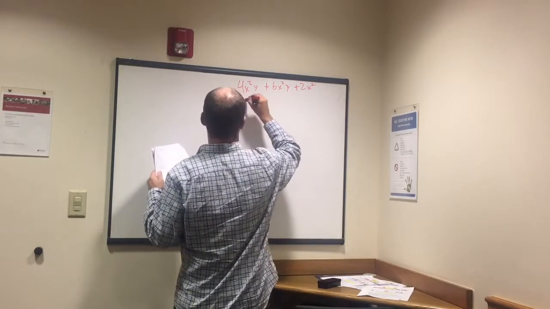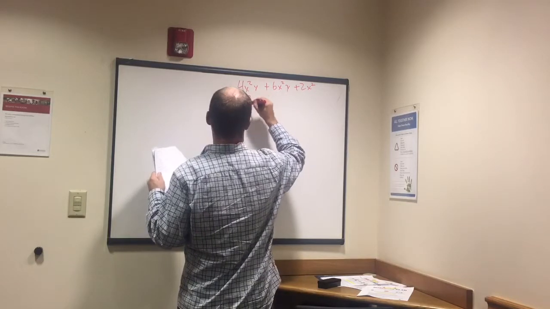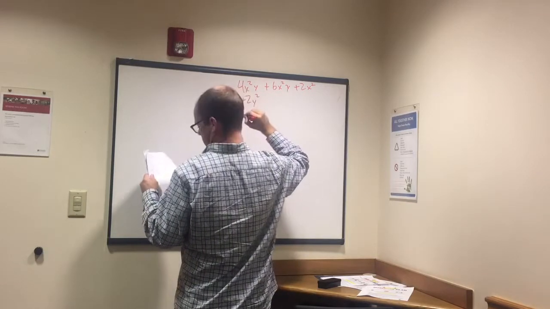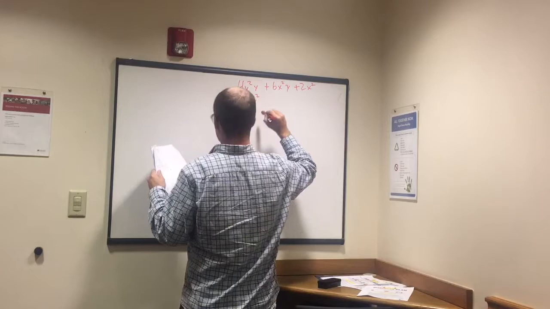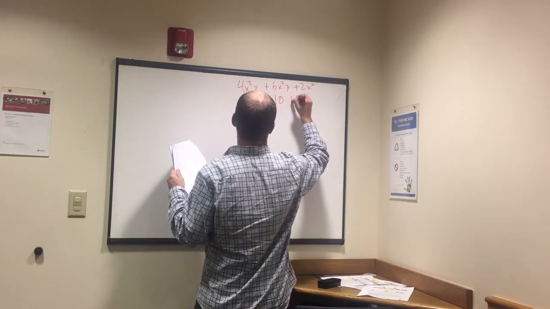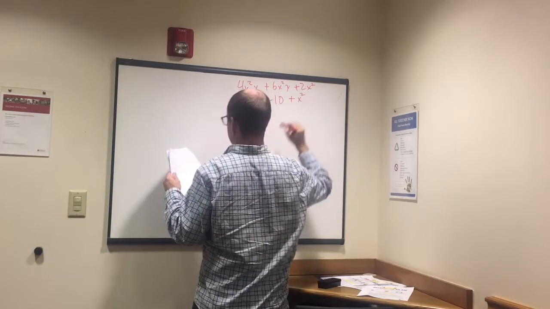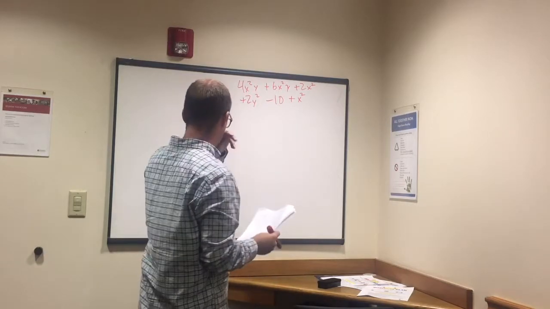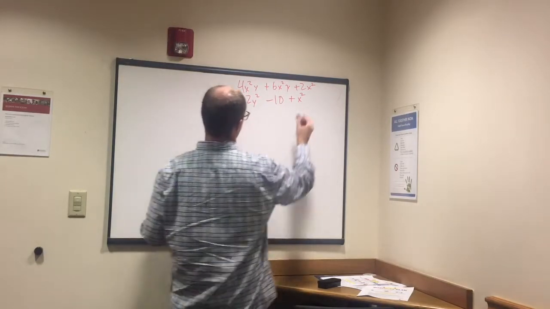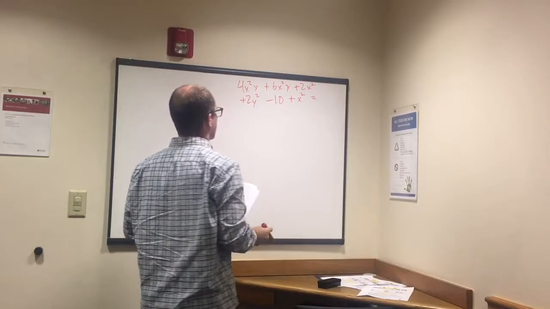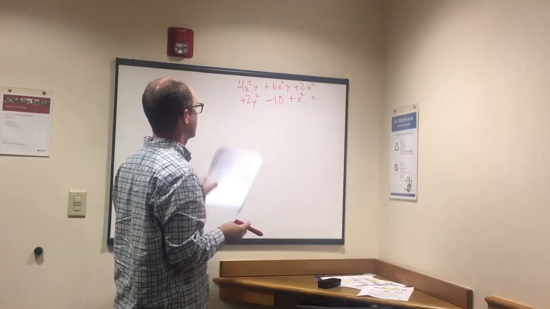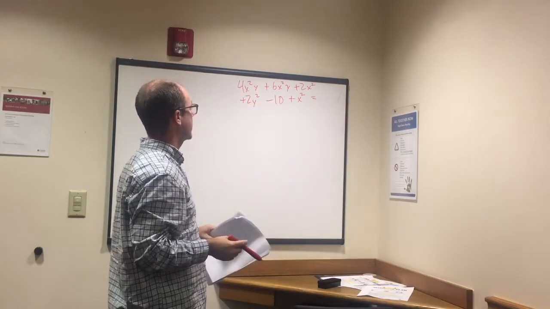We're going to do it in two lines here. Plus 2y squared minus 10 plus x squared. Equals what? So we do the same thing where we're trying to combine like terms.